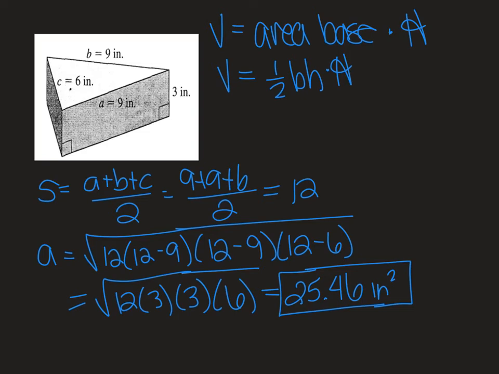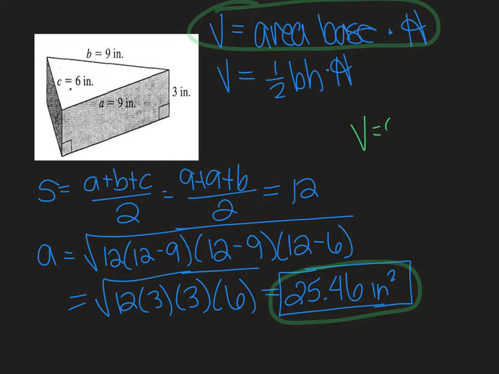Now you can use that and plug it into the volume formula. And so we are really focusing in on that volume is the area of the base times the height. So this is our area of the base, 25.46. So I can say, well, 25.46 times the height of my triangle, which is 3.